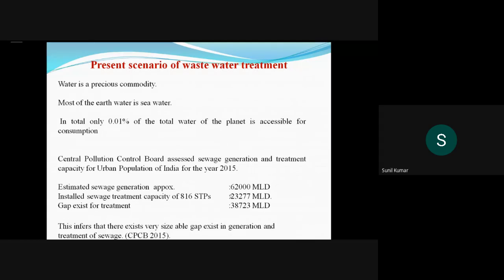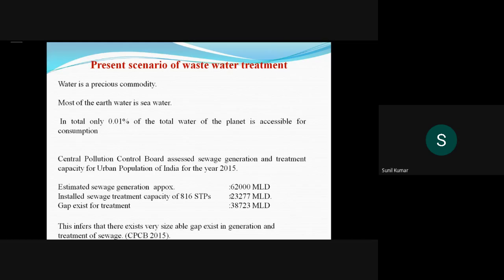In this regard, you are aware that only 0.01% of the total planet water is available for consumption and accessible. But the wastewater generation scenario, as per the Central Pollution Control Board assessment 2015, their estimated sewage generation is 62,000 million liters per day. Installed capacity of 1816 STPs amounts to 23, and there is a sizable gap for wastewater treatment.